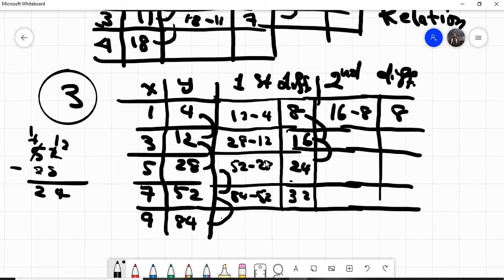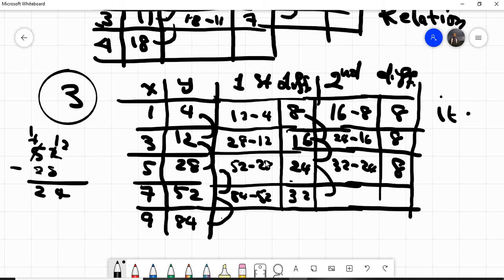Then 24 minus 16 is 8. And then 32 minus 24 is 8. So the second differences matched. It is a quadratic relation.